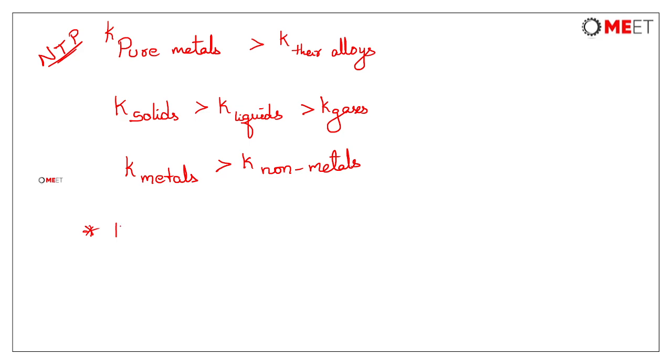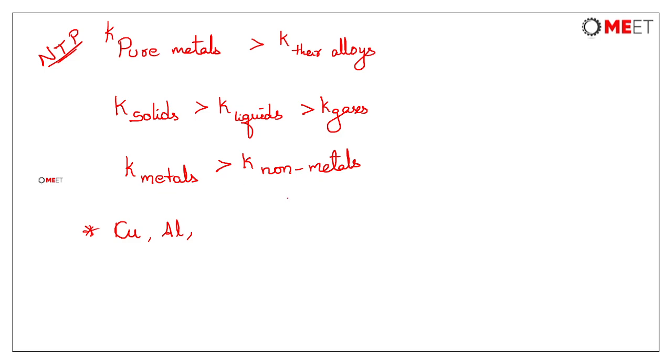So copper, aluminium, all these non-ferrous or noble materials will have more thermal conductivity compared to the ferrous materials. Whereas diamond and graphite will have very high thermal conductivity.